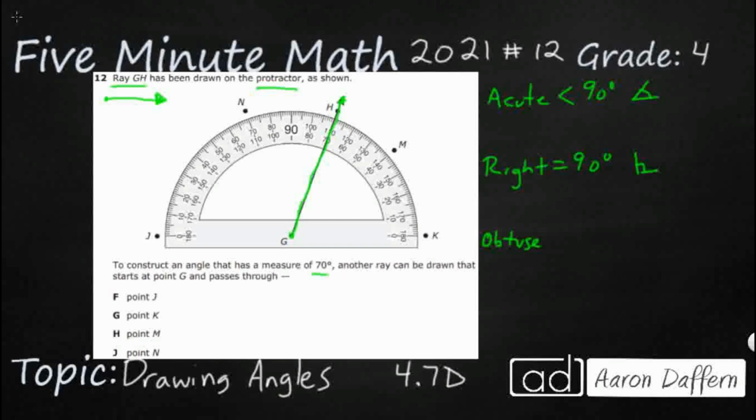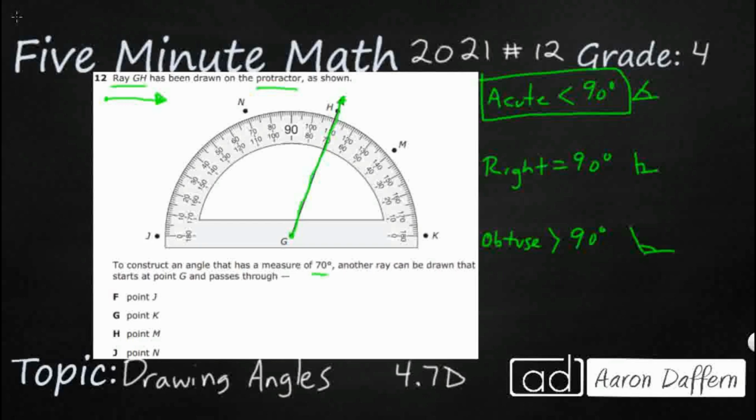And so that's what that 70 is. That 70 is going to be smaller than 90. Not a lot smaller, but we're looking for something that's acute because 70 is less than 90. Then if we get an obtuse angle, well, obtuse angles are greater than 90. So they are much bigger than those perpendicular lines. So we're not really looking for that.